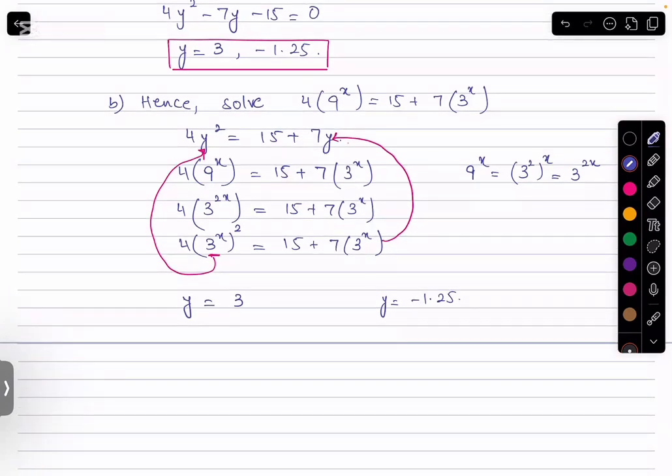And now in part B, we are saying that this y is actually 3 to the power of x, right? So 3 to the power of x is equal to 3, can I say that x value here becomes a 1? Isn't it so?